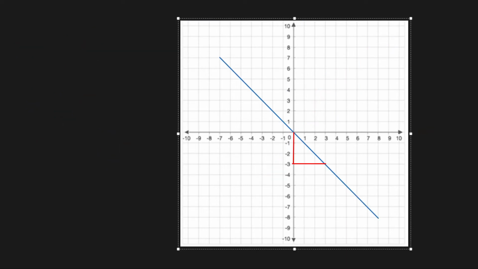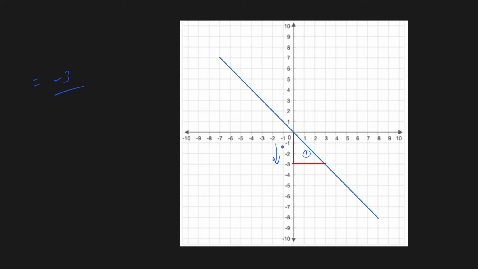Now let's look at another example, again using the graph. And we'll look at this triangle. Now, the rise in this case, if you see, we are going downward. So the rise is negative, right? So that is from 0 to -3, which is -3.